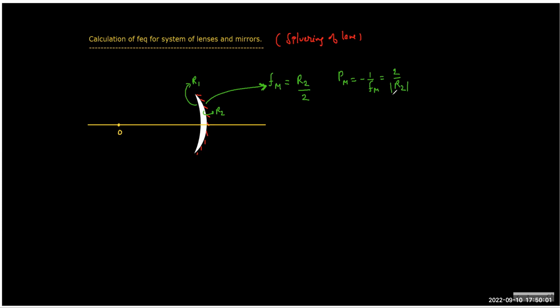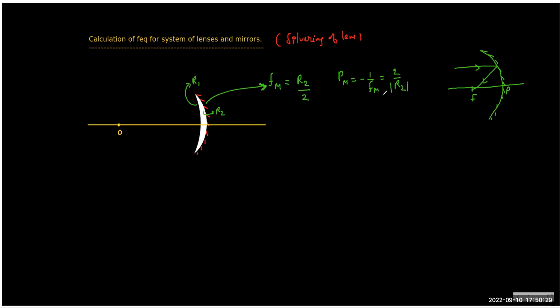See, either you write the proper sign convention. If you remember that focal length of a mirror, we write as minus F, right? Concave mirror. So for concave mirror, the F is plus or minus? For concave mirror, the focal length is negative. So if you put minus of some negative value, what you get?